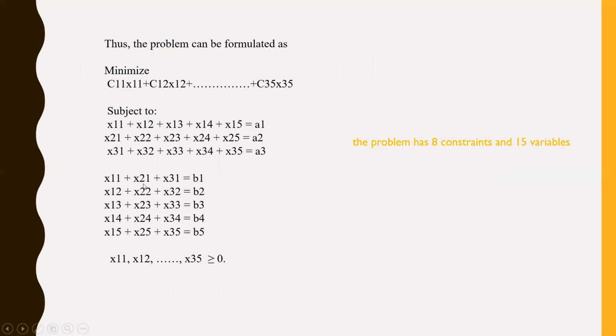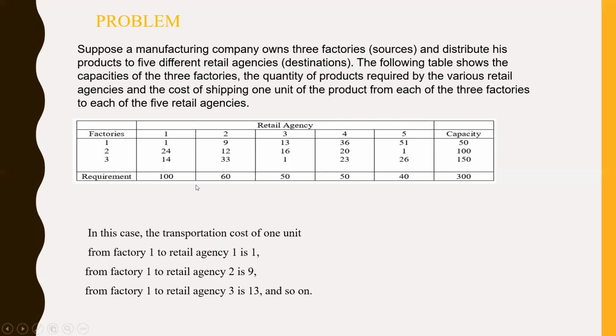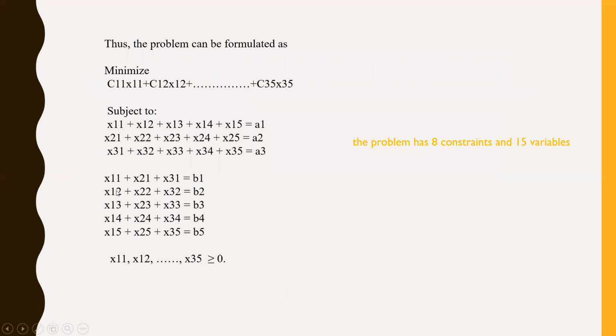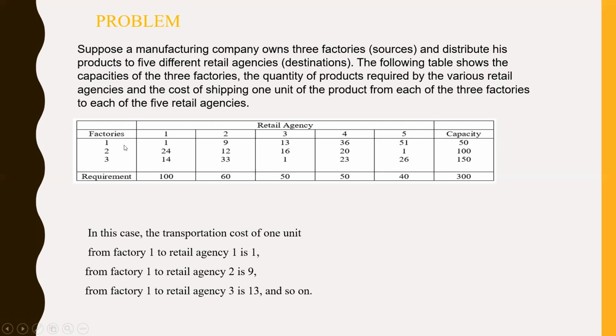Then X11 plus X21 plus X31 equals B1, which is 100. Then we have X12 plus X22 plus X32 equals B2, which is 60.